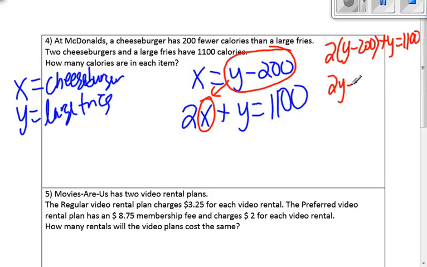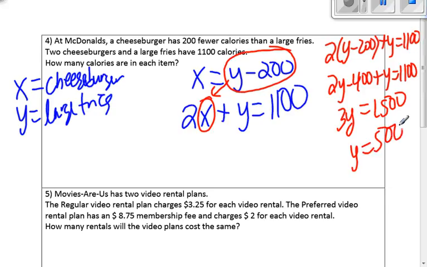Distribute 2Y minus 400 plus Y equals 1,100. Combine like terms is 3Y. Add 400 to both sides is 1,500. Y equals 500. So a large fries has 500 calories, which means that a cheeseburger, if I do substitution, has 300 calories. I'll leave that to you to do the substitution.